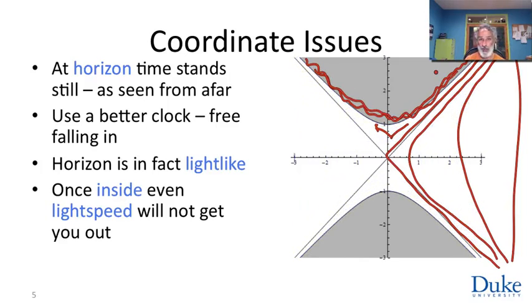That is your future. So the singularity of a black hole is not a place. It looks from infinity like a place. The singularity at the center of a black hole is in fact a time. It's a when, not a where. It's everybody's future once you enter the black hole.